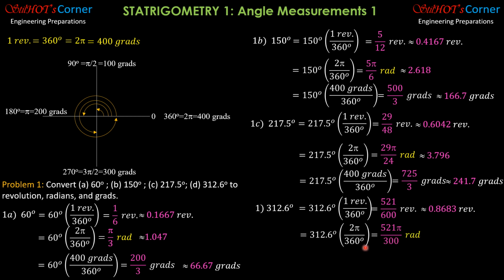In fraction, 521 pi over 300 radians. In decimal, 5.456 radians. Then 312.6 degrees times 400 grads over 360 degrees. Using the calculator, it is 1042 over 3 grads. In decimal, it is 347.3 grads.